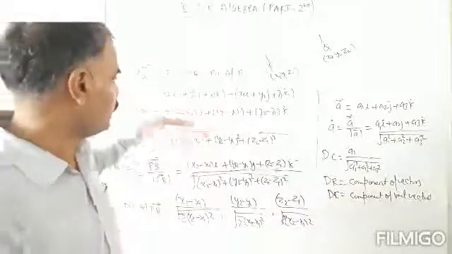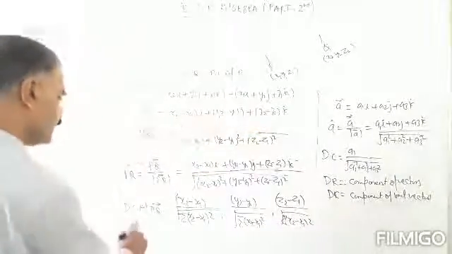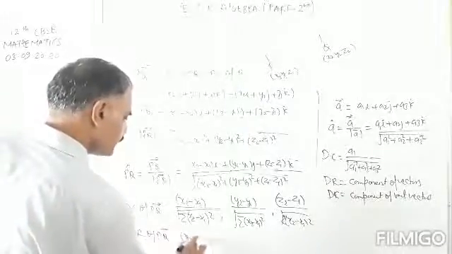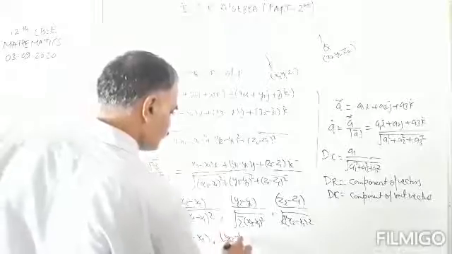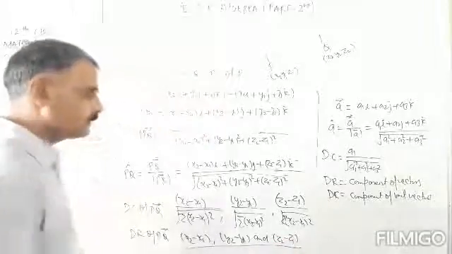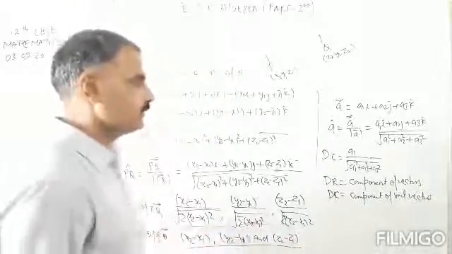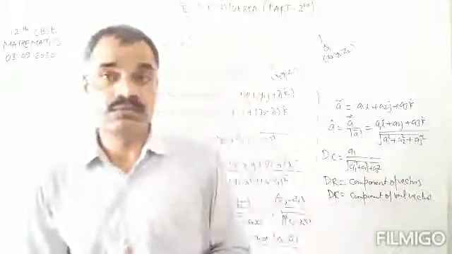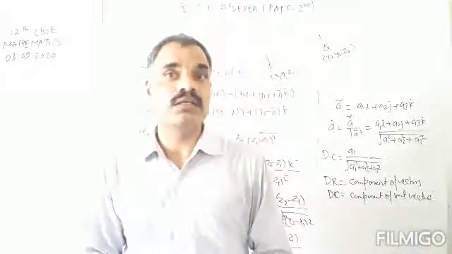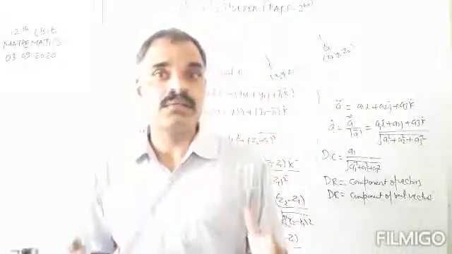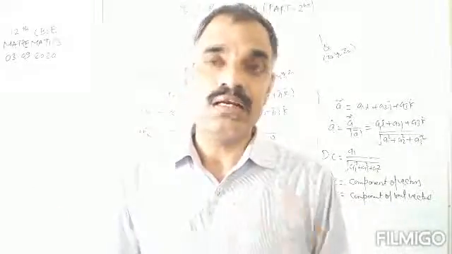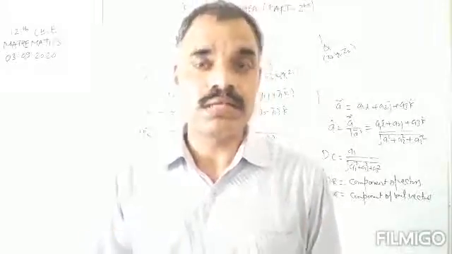So the direction ratios of PQ vector are x2 minus x1, y2 minus y1 and z2 minus z1. These are the direction ratios, and those are the direction cosines. This is the way we can find the direction cosines of a line segment whose endpoints are given. This is an important concept also.